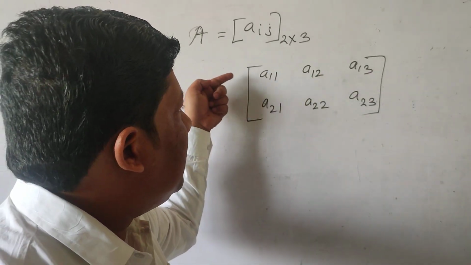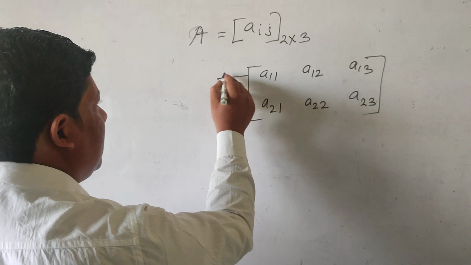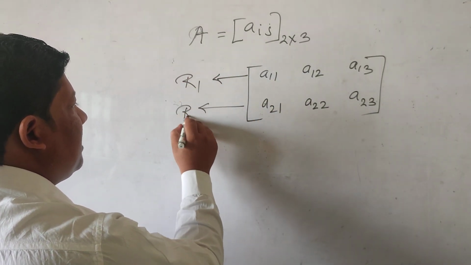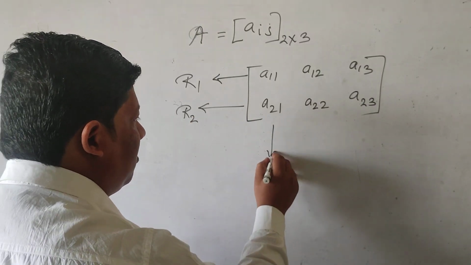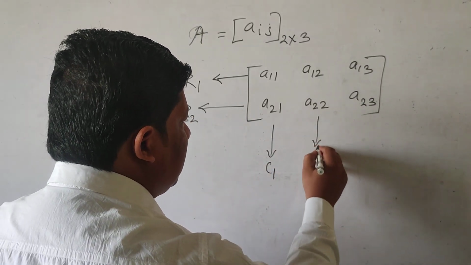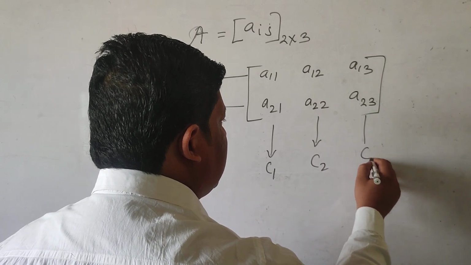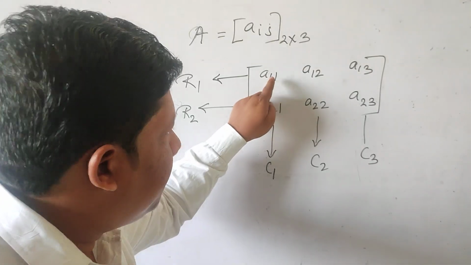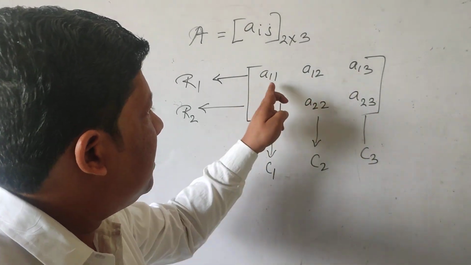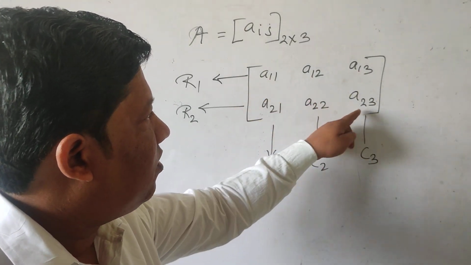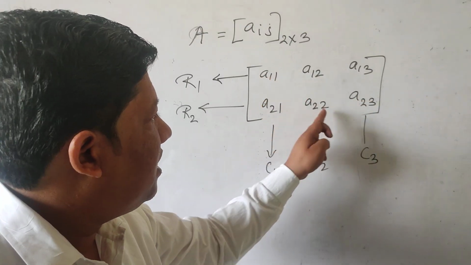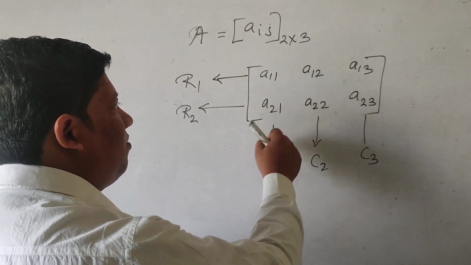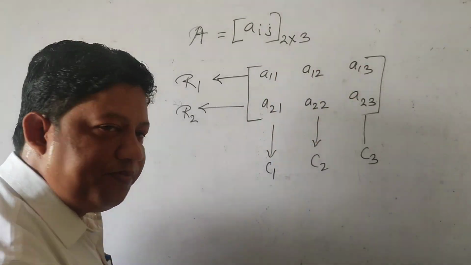So it is the first row and the second row, and the first column, second column, and third column. You have to write like this: first row, second row, and these are all the elements.